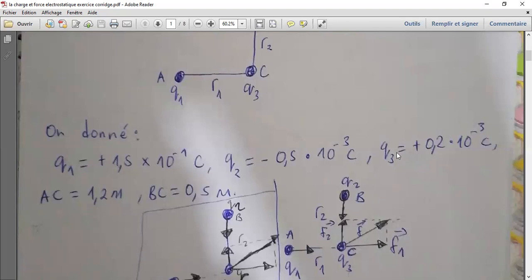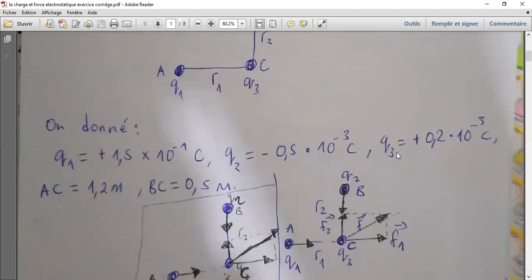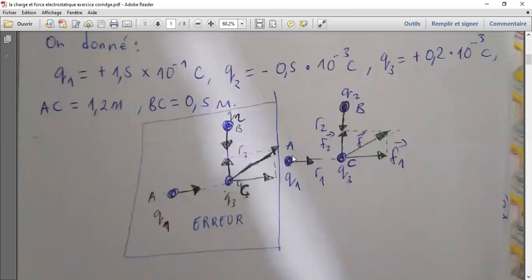After you have noted that one, don't pay attention to this one. I've made a mistake. So we're going to deal with this diagram here. After you have noted that Q1 is positive, Q2 is negative, and Q3 is positive, now you have to represent it in your diagram.